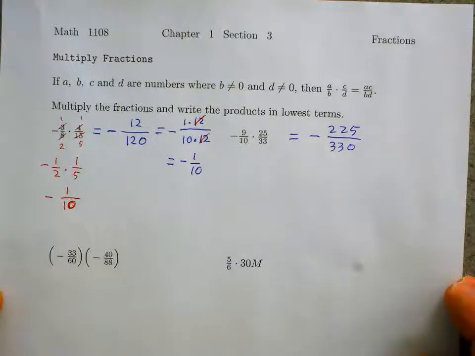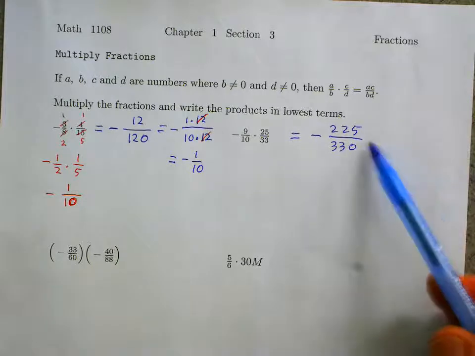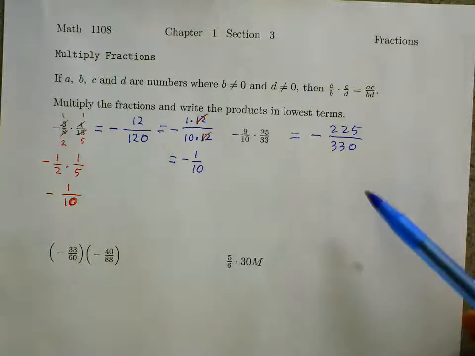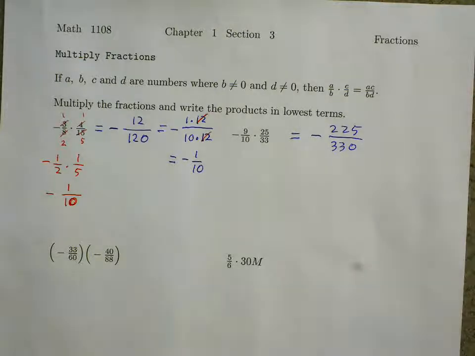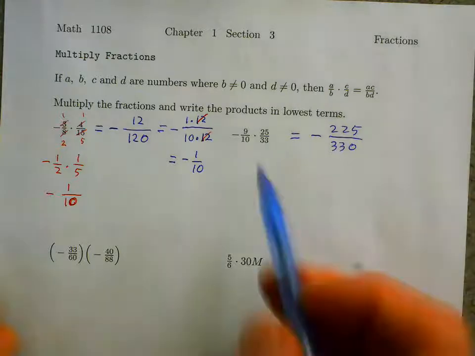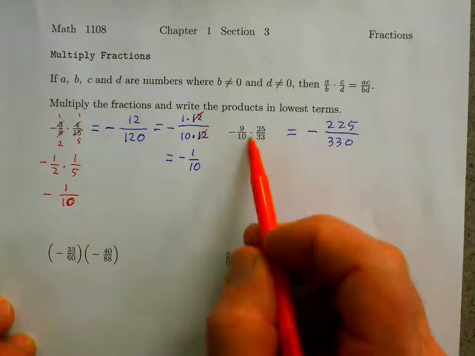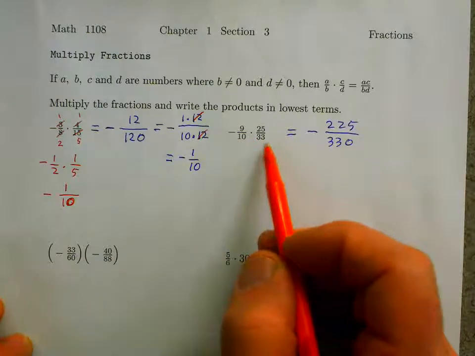And then we can find common factors from the numerator and denominator that cancel each other out. So this could take a few seconds. It will take fewer seconds if we look for cancellations before we multiply.